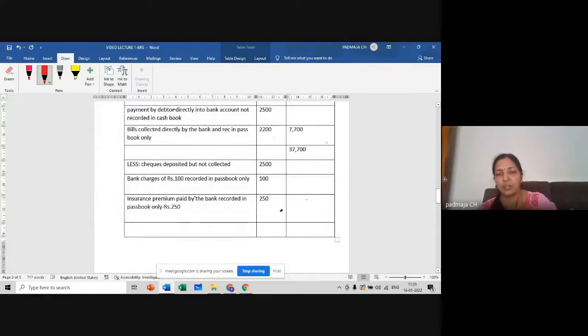So find out now what is the total. 2500 plus 100 is 2600, plus 250, 2850 is the total. Now deduct that from this particular total. How much are you getting?